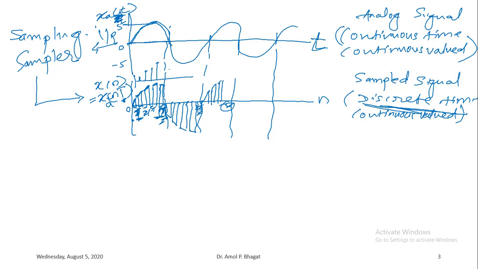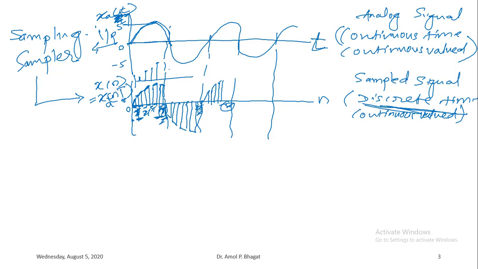But in this case time is discrete. Time is not continuously varying; it is taken after every capital T interval. Here this small t is nothing but the time unit for the analog signal, and capital T is nothing but the sampling interval.